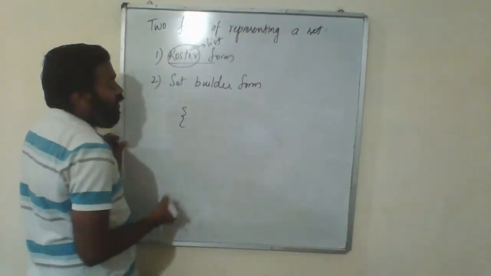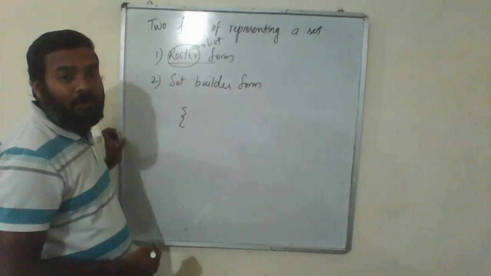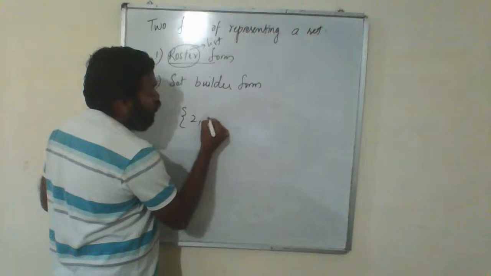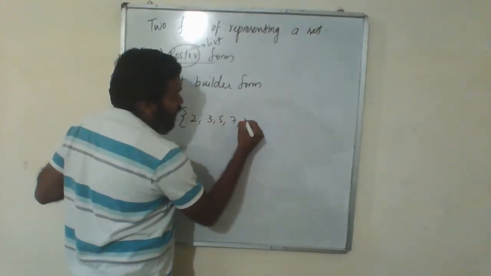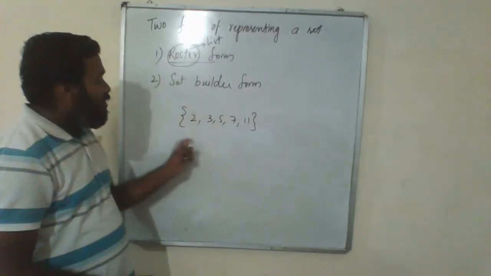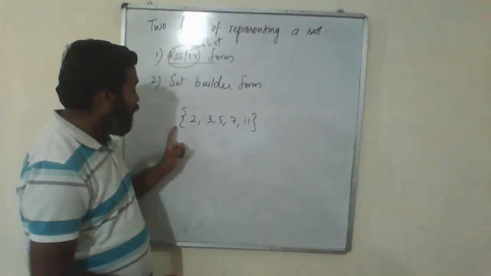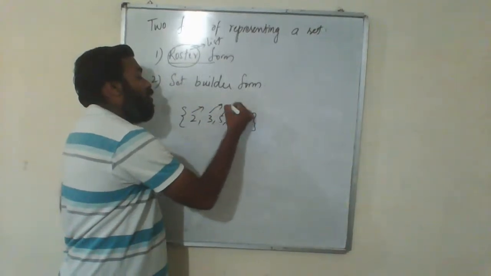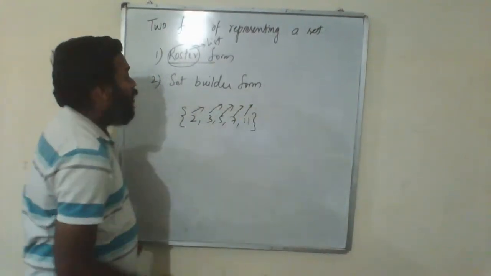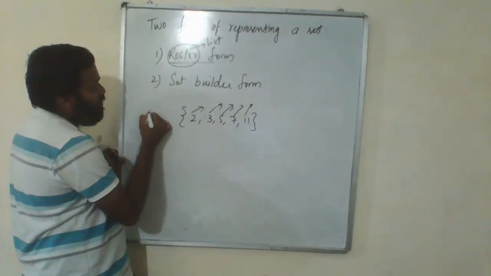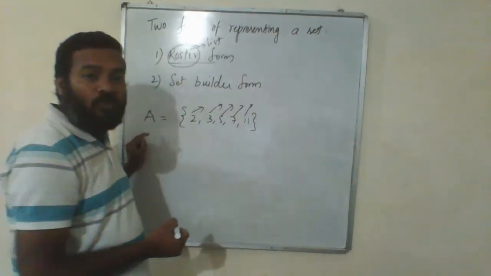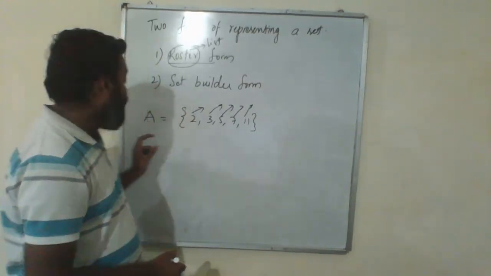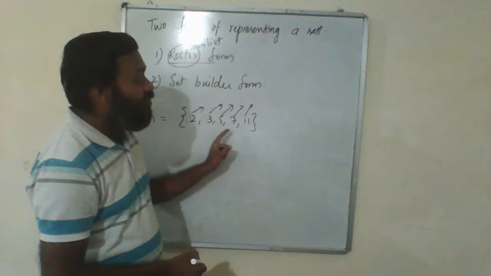Let us say the first five prime numbers, that is 2, 3, 5, 7. The set should be represented in flower braces and each element belongs to this set, and you have to name this set. Let us say A. Always we have to use capital letters to denote or represent a set. So A equals 2, 3, 5, 7, 11.